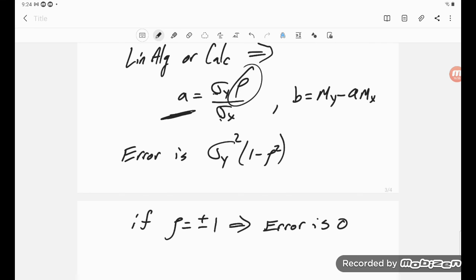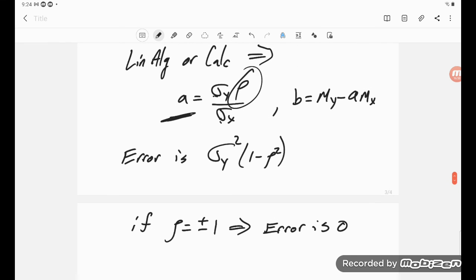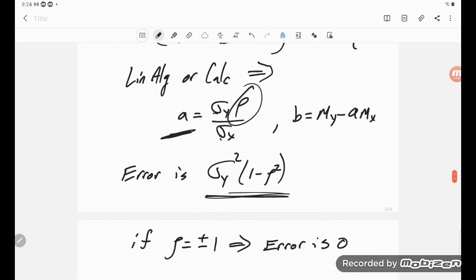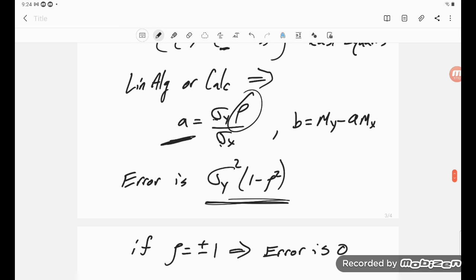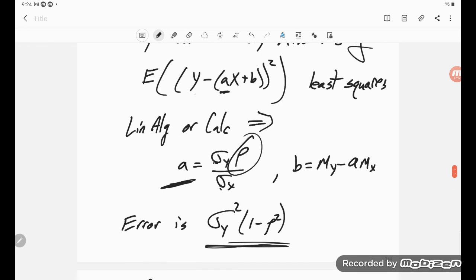And so what this is looking at is how well the correlation coefficient helps us tell, since this is the error, how well y can be approximated by ax plus b. In other words, is there a linear relationship between the x variable and the y variable?